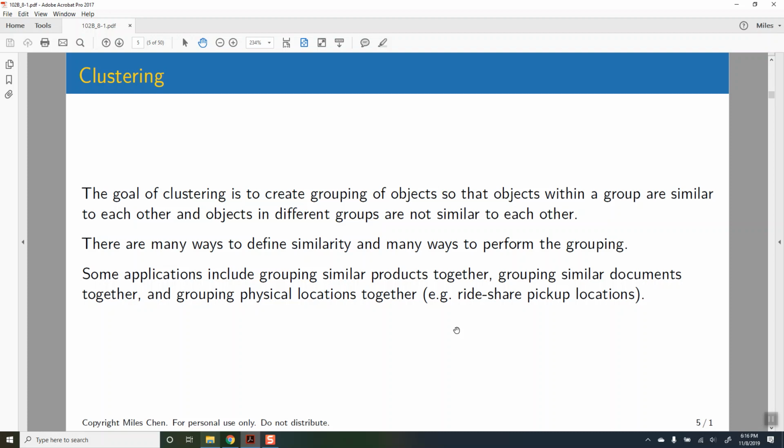Or, in a similar vein, grouping similar documents, where you're trying to organize your stuff. Or grouping physical locations together. Uber and Lyft, now that they have these pool things, are trying to figure out that these people are on the same path and stuff.